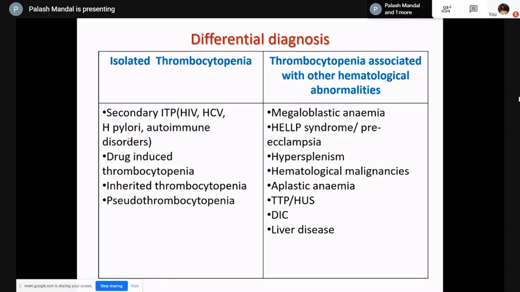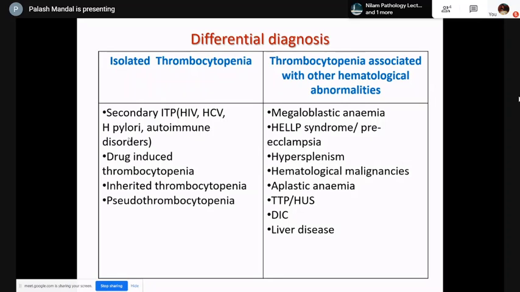That's why initially it was known as idiopathic, meaning the cause is unknown. Even now the true cause is not elicited in many patients, but even then, combining all the features, we term it as ITP.